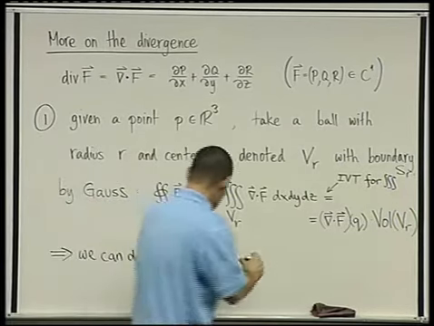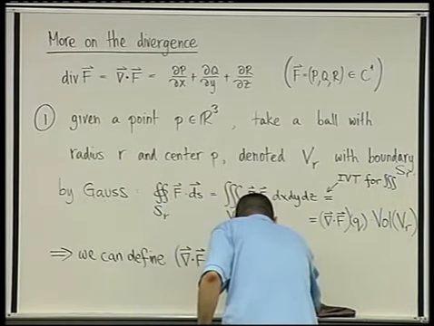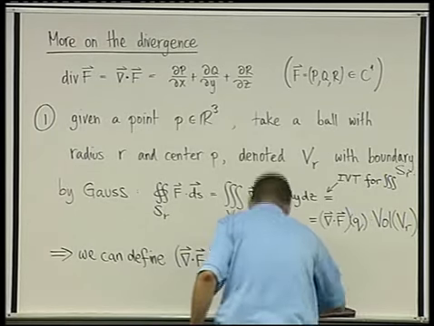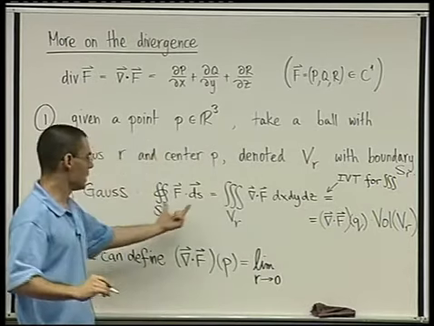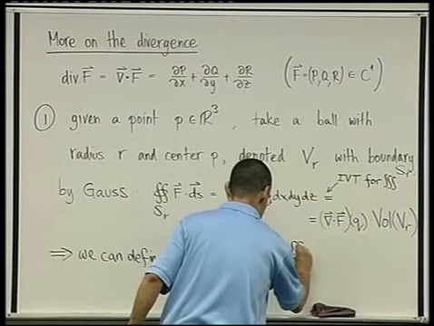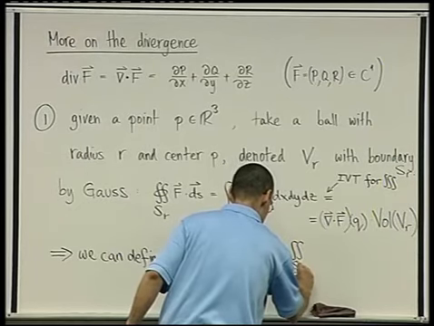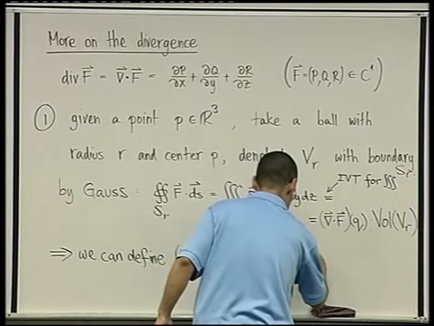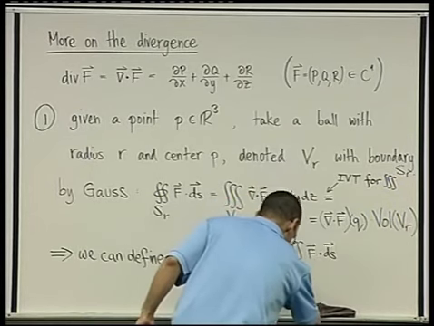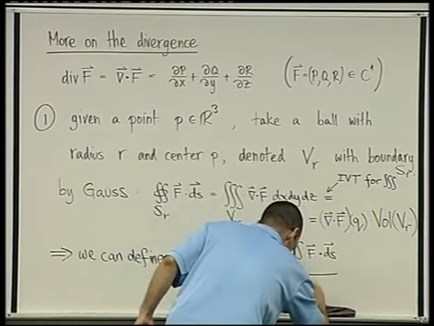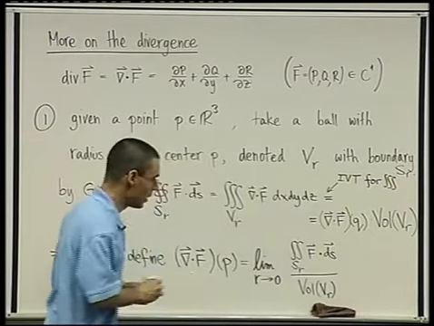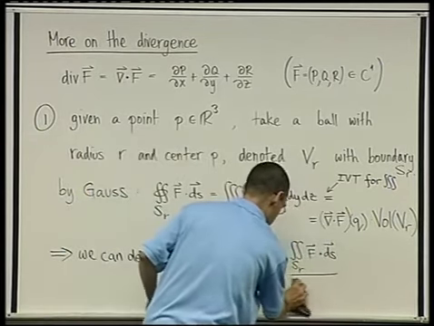So this is, at P, the limit as r goes to 0 of the surface integral over S_R of f itself, divided by the volume of V_R.